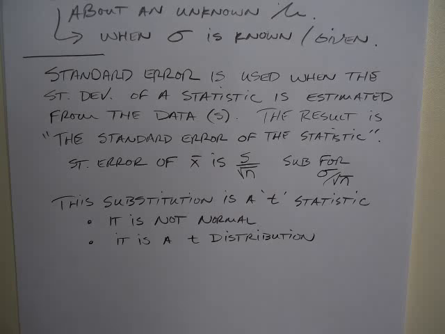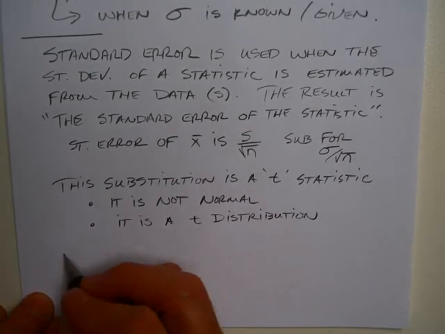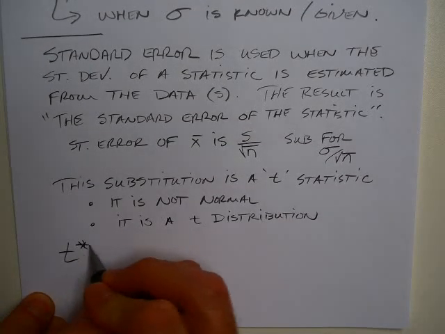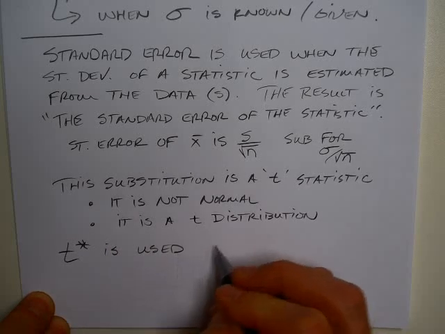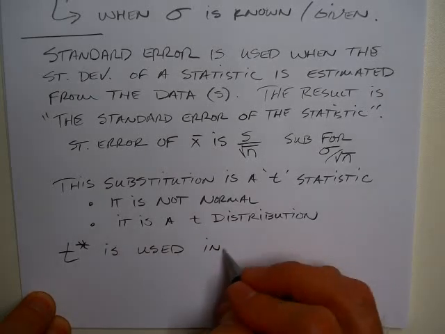So when we substitute S for sigma, we also have to substitute T star instead of Z star.